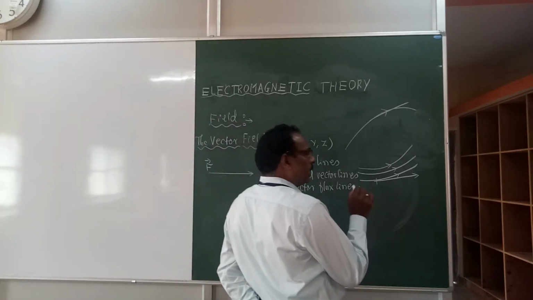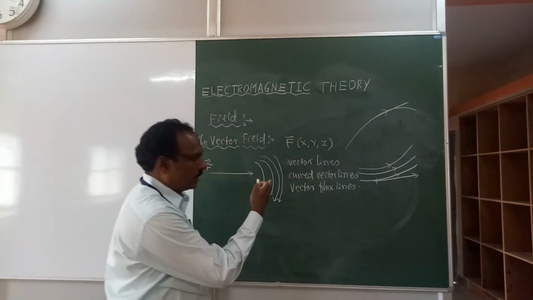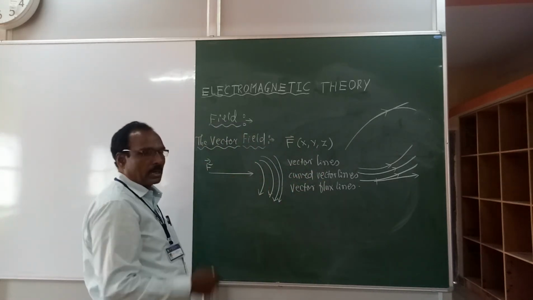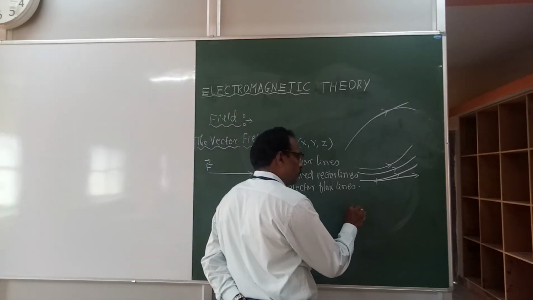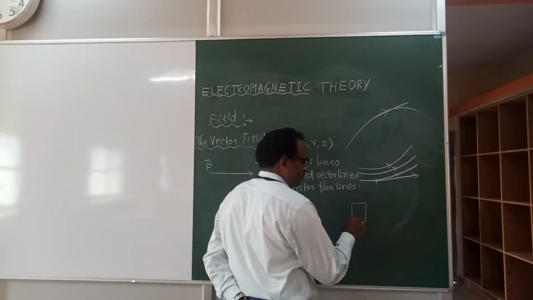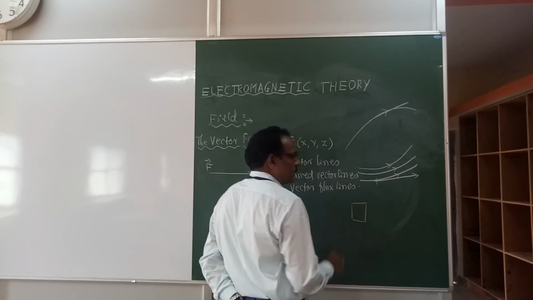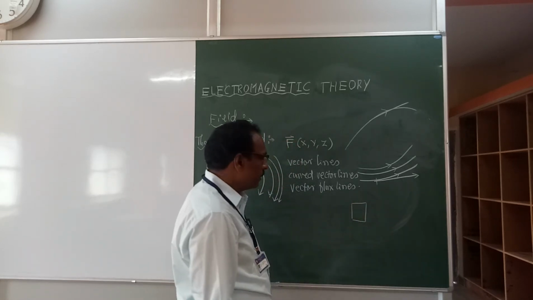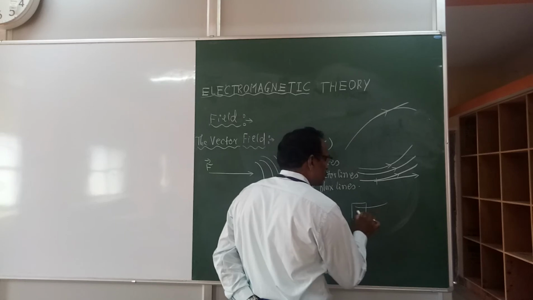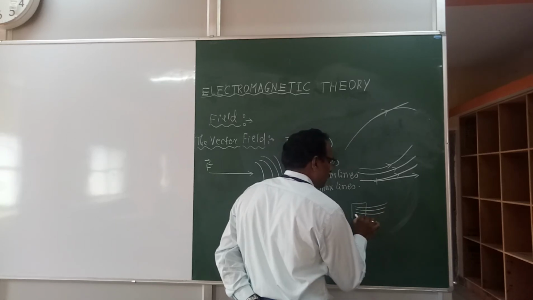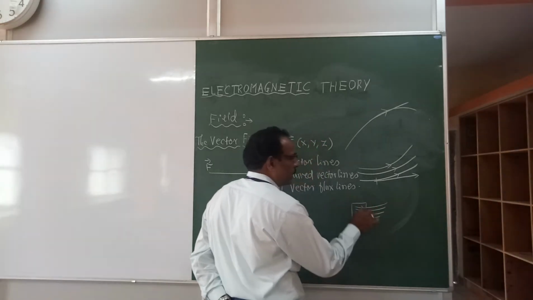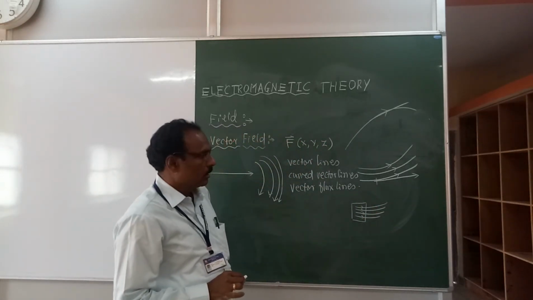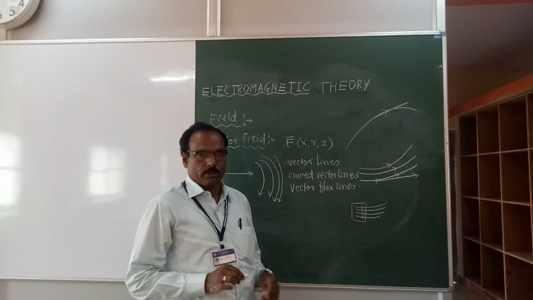Now, what about the magnitude? To find out the magnitude from the vector lines or flux lines, we draw a small surface element, and the number of lines crossing this surface element per unit area perpendicular to the lines gives us the magnitude.